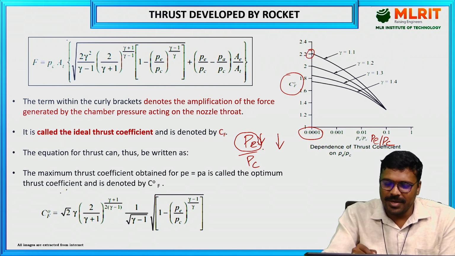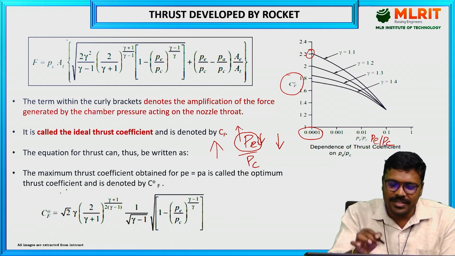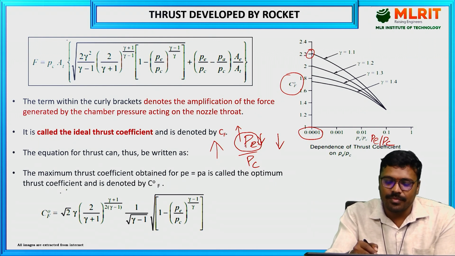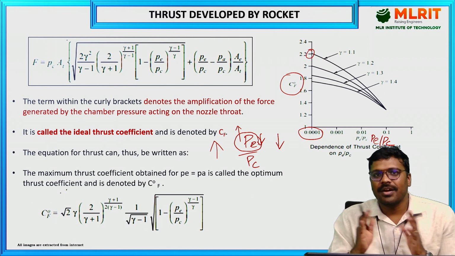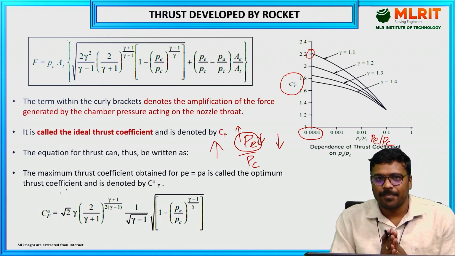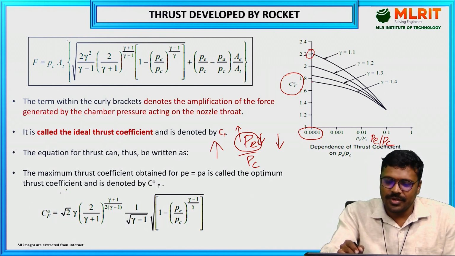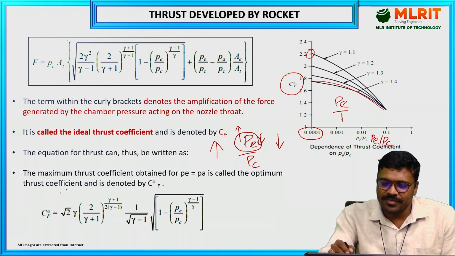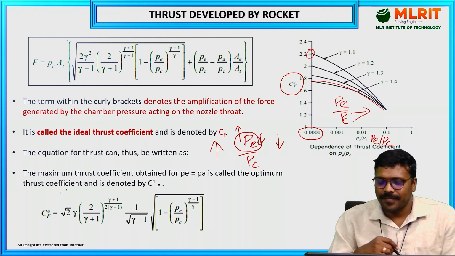As the PE by PC value increases, that means the exit pressure PE is more. That means the gases are not expanded properly. So at that time you can see the optimum thrust coefficient is decreasing as the PE by PC value is increasing.